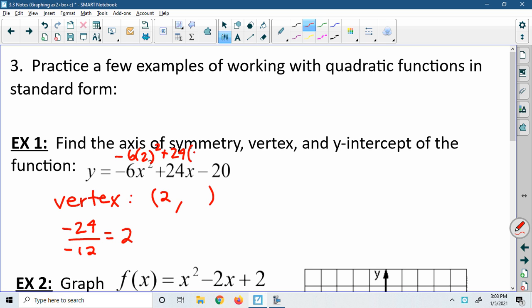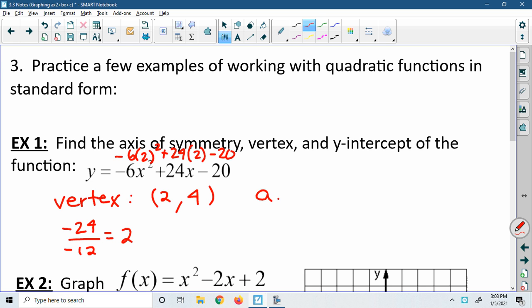It's kind of easy to overload your brain and try and think of this whole big equation all at once. So I'd plug it into my calculator exactly like that, just how I wrote it. When I plugged it into my calculator a few minutes ago when I was doing this, I got a positive 4. So the vertex is 2, 4.